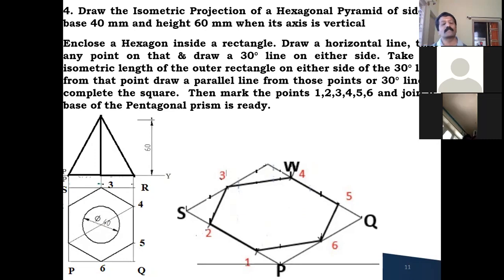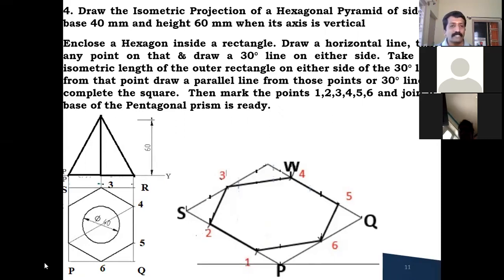You take any one of the distances, convert that into isometric scale, and from P you cut this line, call it 1. From S you cut the SP line, you call this 2, and from Q you cut the QR line and call this 5, and from R, this is not W, it is R. From R you cut this line, you call this 4, so you will be getting it.